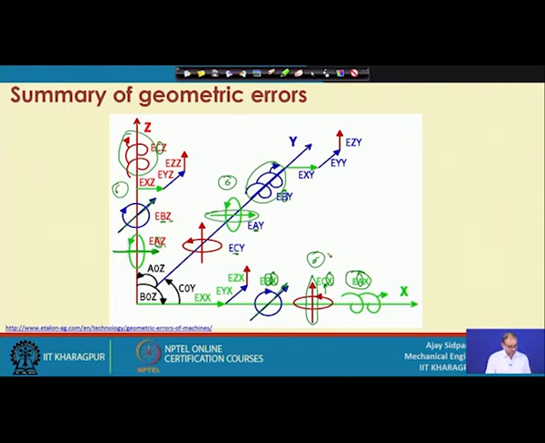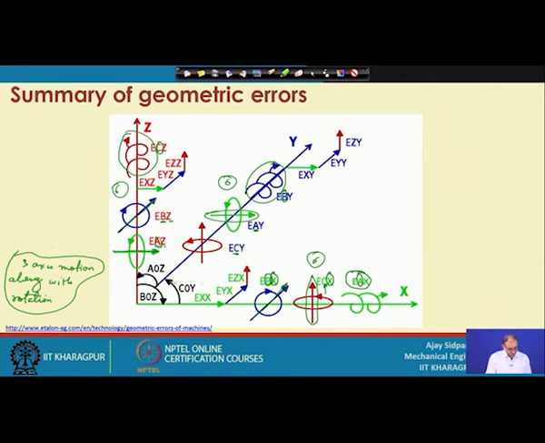So, this is for the 3 axis motion only, along with rotation, correct. So, if you include more axes here, then your system becomes more and more complex.